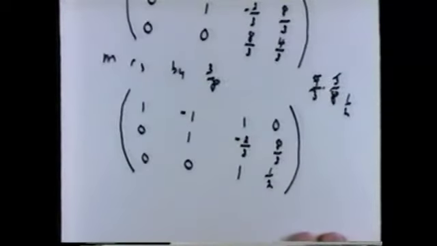So this is 1/2. So now we have row echelon form, ones along the main diagonal. We can easily back substitute, get the other answers.